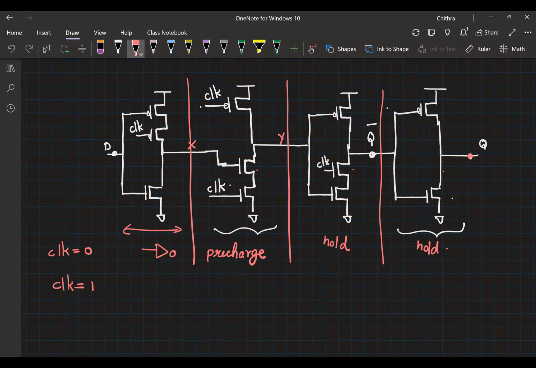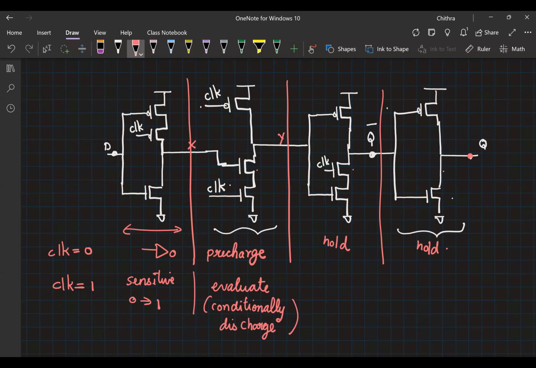When clock is equal to 1, what happens to this stage? This is sensitive only to the rising edge, 0 to 1. This is an evaluate phase. That is, it conditionally discharges Y. This stage is like an inverter.